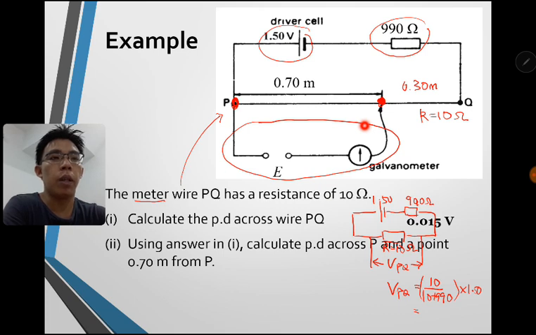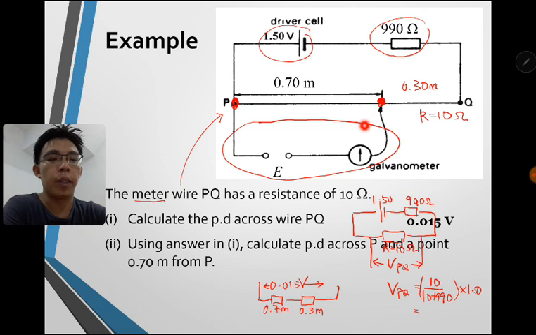We just need to view that resistor as two resistors. From what we have drawn just now, we just break it into two more resistors. Across the whole is 0.015 volt. Okay, so this one has a length of 0.7, this one has a length of 0.3.